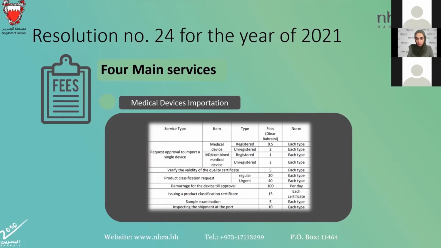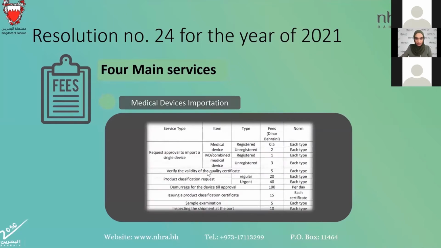So it will be also per type, 5 BD. If it's a big device that can't be brought to NHRA and we have to go physically to the port, it will be 10 BD per type. So inspection is not done for every medical device. It is done selectively on certain cases only.